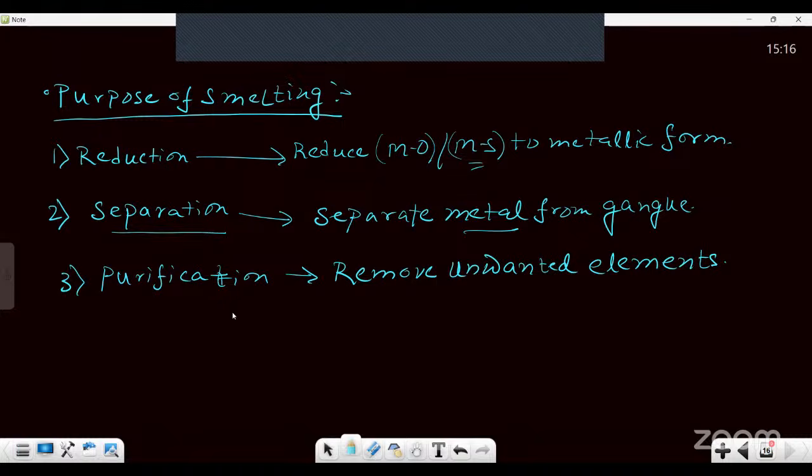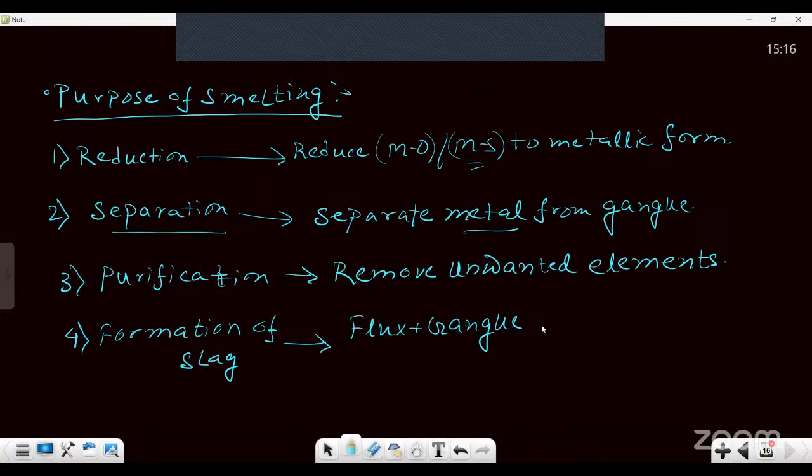Right? Formation of slag. That means flux plus gangue is giving you the slag, which removes impurities, right?